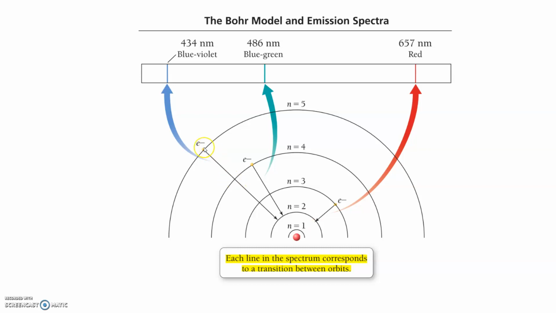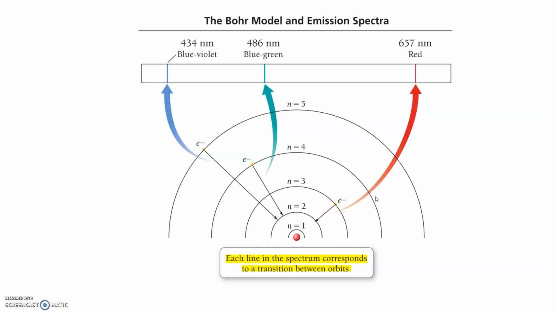For example, an excited electron in the fifth energy shell, if it drops down to the second energy shell, will release light of a certain wavelength that corresponds to blue-violet light. On the other hand, an excited electron in the third energy shell, if it drops down to the second energy shell, emits red light.